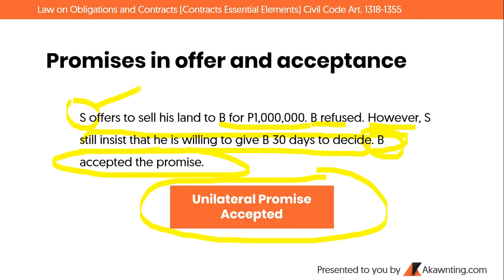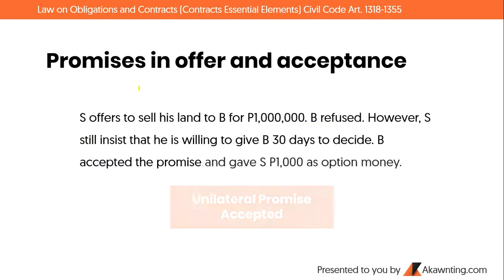Okay? So, let's go to the next example. Okay? This time, nagkaroon ng option money. So, S offers to sell his land to B for 1 million. B refused. However, S still insists that he is willing to give B 30 days to decide. So, nagkaroon ng unilateral promise in this case. And that unilateral promise is accepted. Okay?